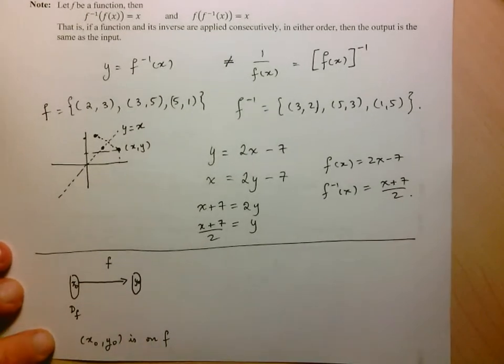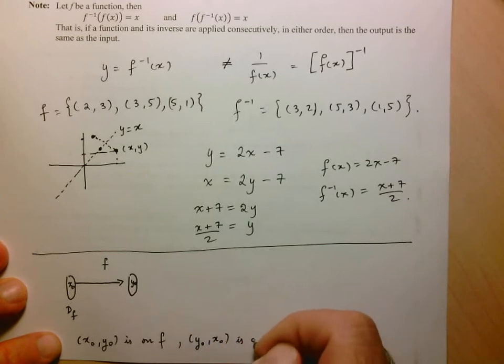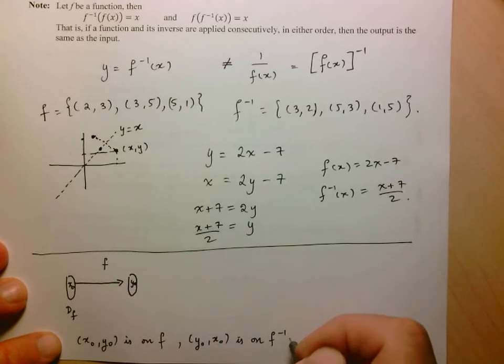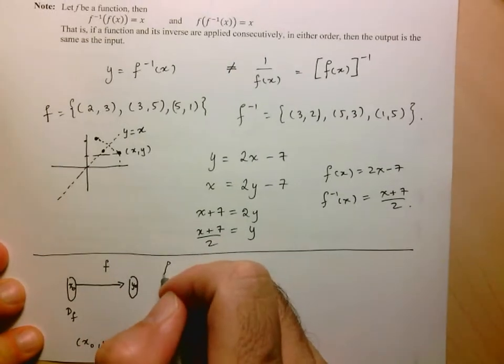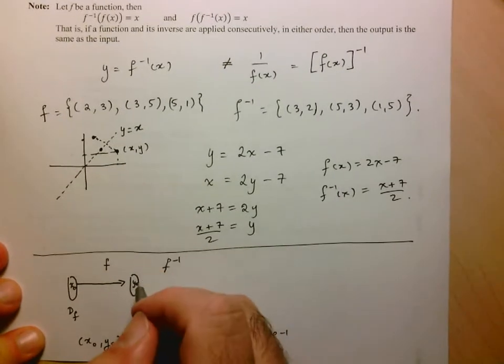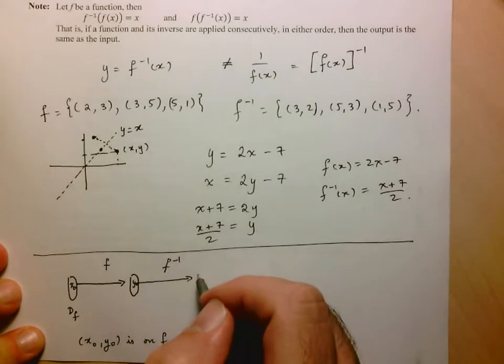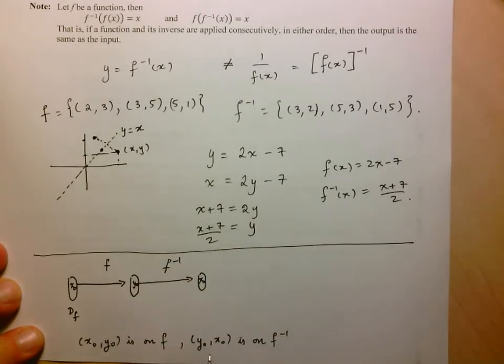But if (x naught, y naught) is on the function f, that means that (y naught, x naught) is on f inverse. So if, immediately after applying the function f, I now apply the function f inverse to the output, where is this function going to take me? It's going to take me back to x naught.